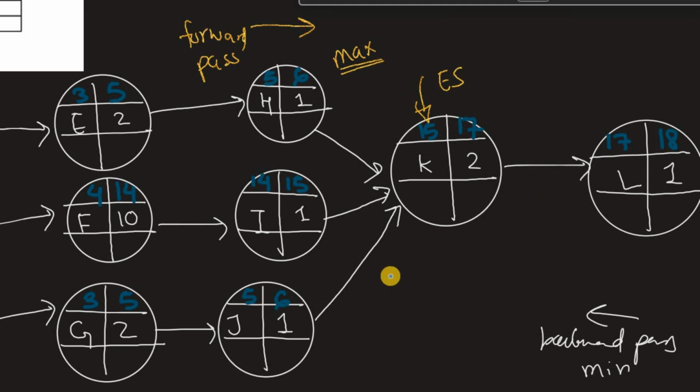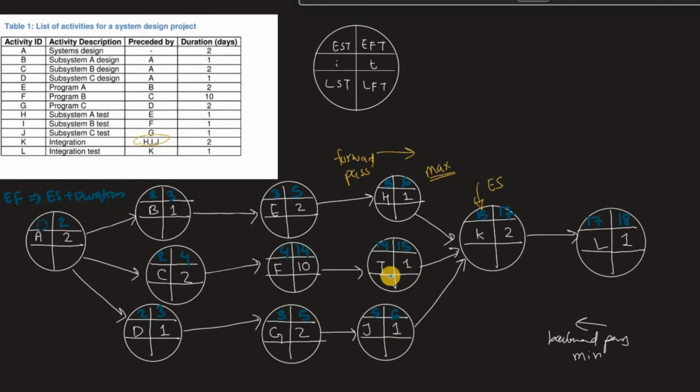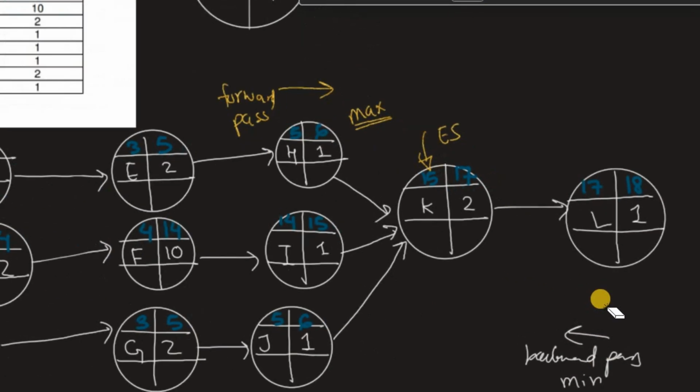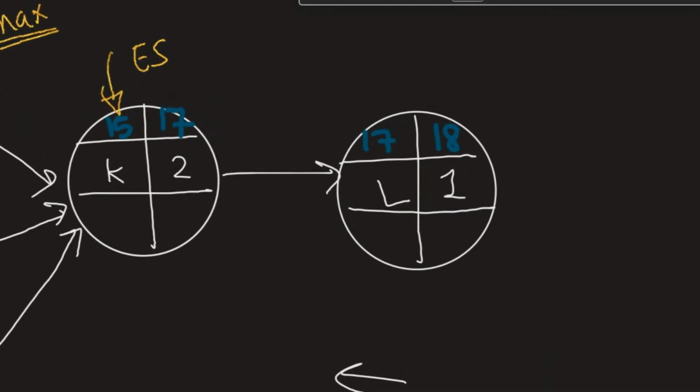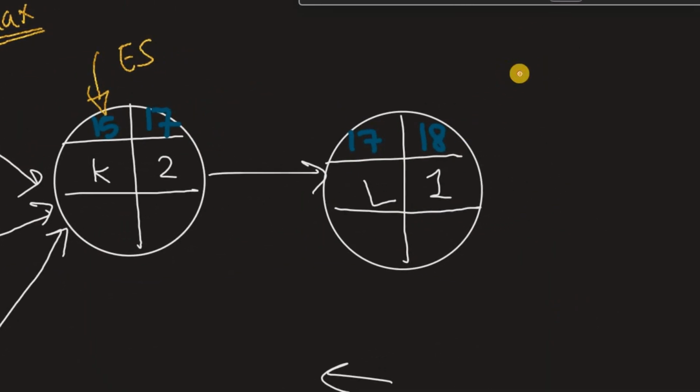Now we are going to find the latest finish. We are going to go in this direction, which is a backward pass. For the last activity, whatever you have as the earliest finish is going to be your latest finish.